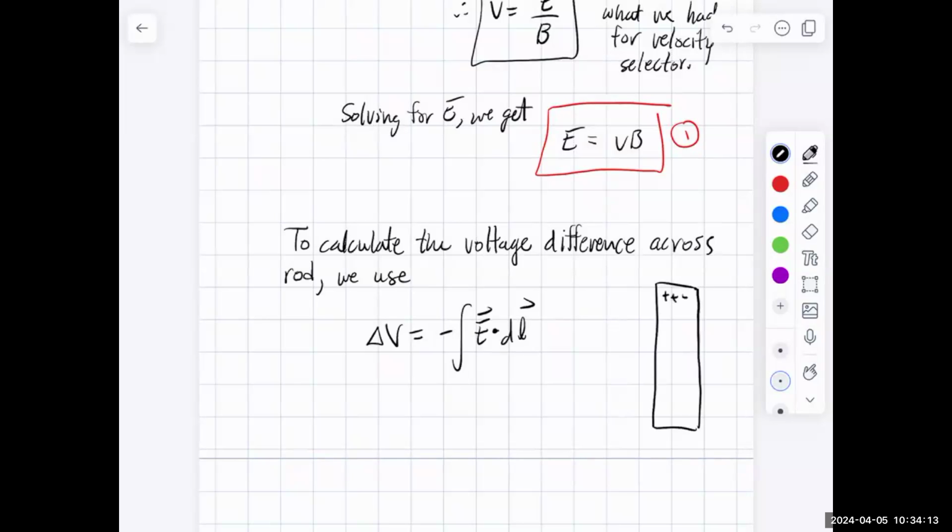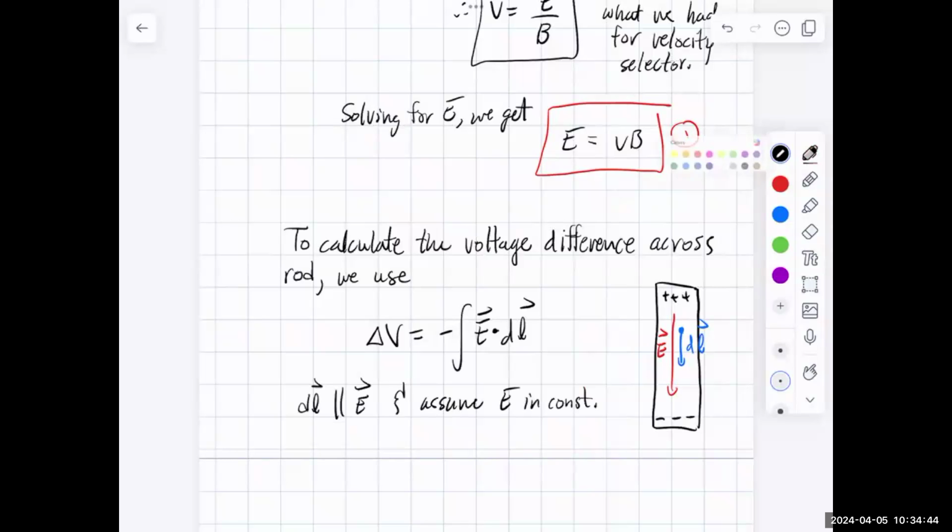So we're imagining that we have positive here, negative here. We have an electric field that points positive to negative, and we're going to integrate in a direction that's parallel to this electric field. So dl is parallel to E, and we assume that E is constant.